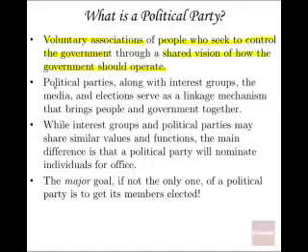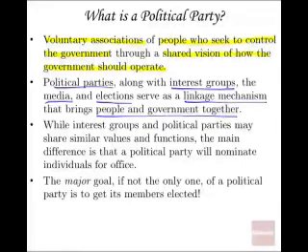So political parties, along with interest groups, the media, and elections, serve as the linkage mechanism that brings people and government together. Now, that sounds kind of odd to say, a linkage mechanism, but the AP curriculum makes great use of this linkage.